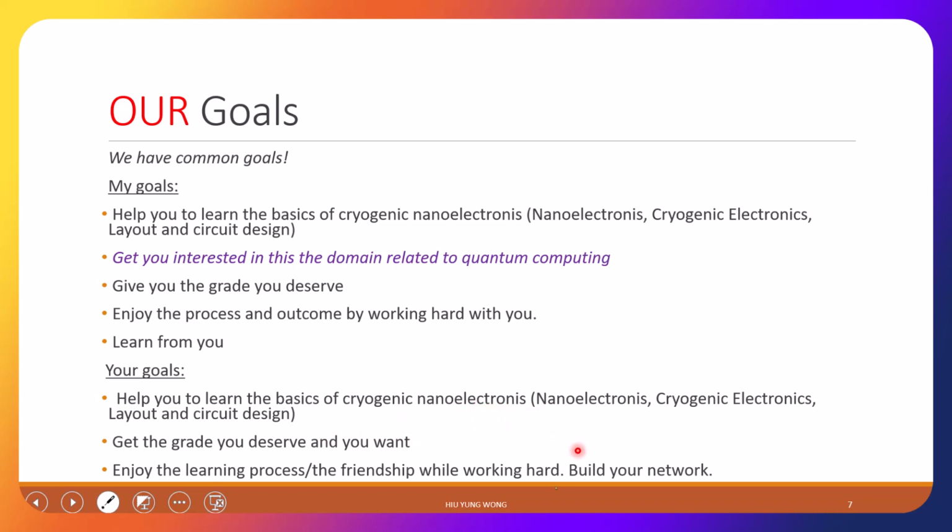Get the grade you deserve, and also build a network. We have people from different programs, quantum technology, electrical engineering. This year we don't have people from Open University, but anyway, the ones sitting in front of you, left and right and back, they probably go to different companies in the future.